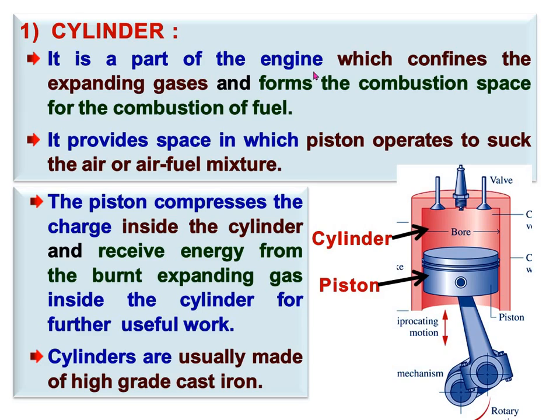It is a part of the engine which confines the expanding gas and forms the combustion space for the combustion of the fuel. Means the cylinder acts in two ways. It confines the expanding gas after burning the fuel, and also the combustion of fuel takes place within the cylinder.